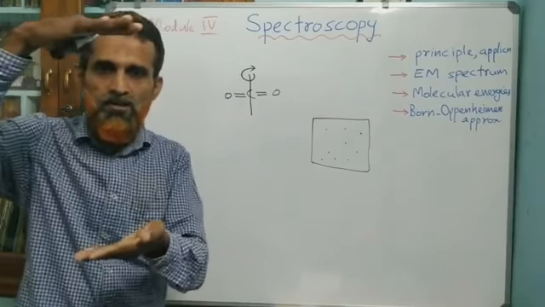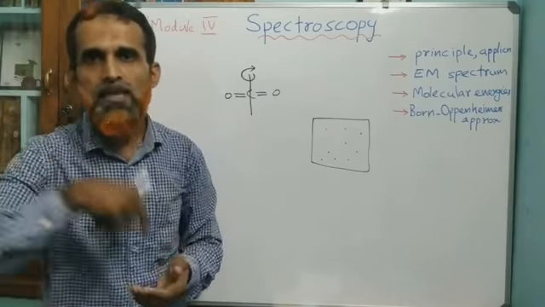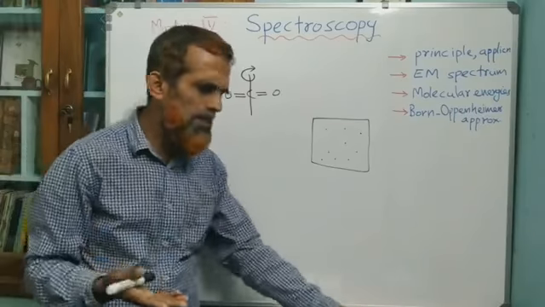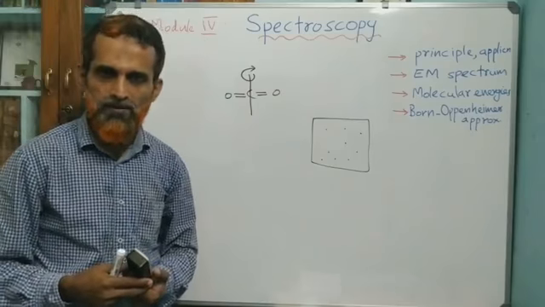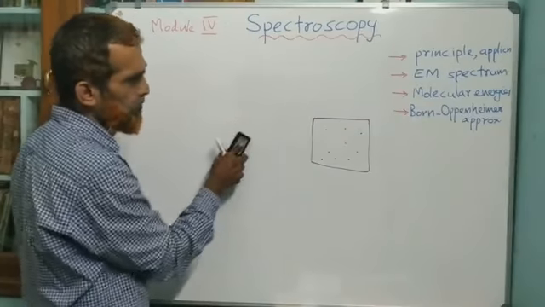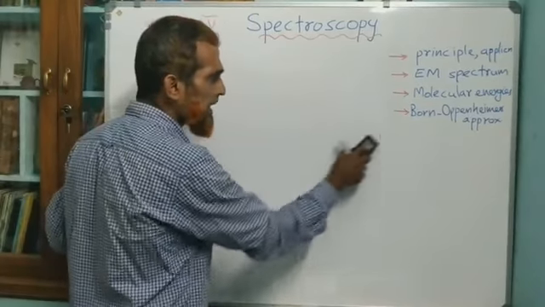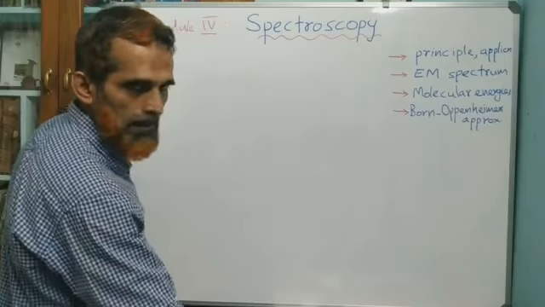When delta E differs, when the energy gap is different, then the wavelength absorbed will be different. So there are different types of molecular spectroscopy. We will see what the different types of molecular spectroscopy are and what radiation is used for that transition in the coming classes.